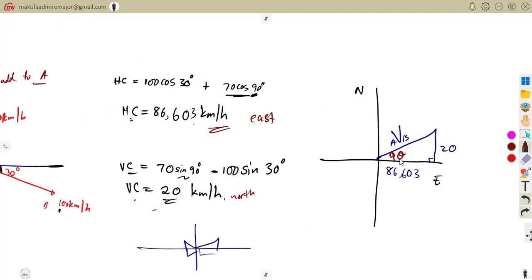Because of time, I want you to work it out using the cosine rule. I already found the answer for the resultant. It's 88.882.